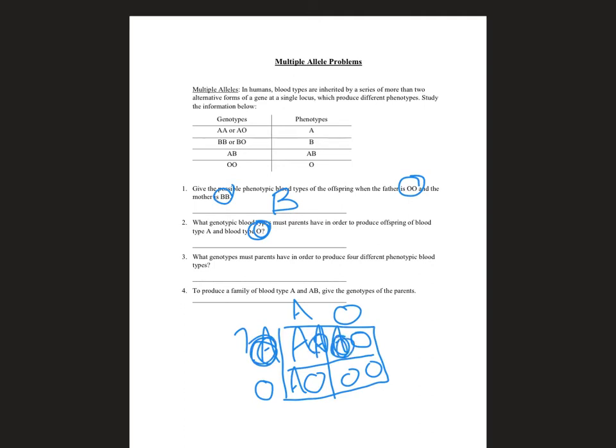We don't have the ratios, so what we're going to say is that one parent is definitely AO. The other parent is AO or OO, okay? But either way, you would get children with the blood types A and O, but you wouldn't get any Bs and you wouldn't get any ABs.